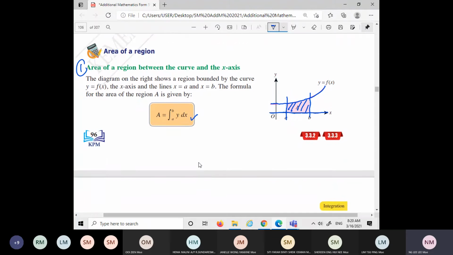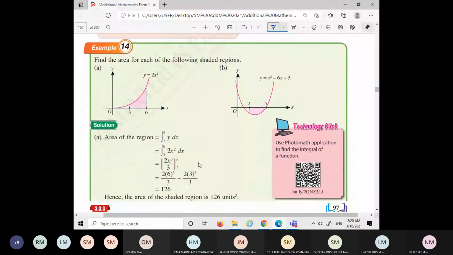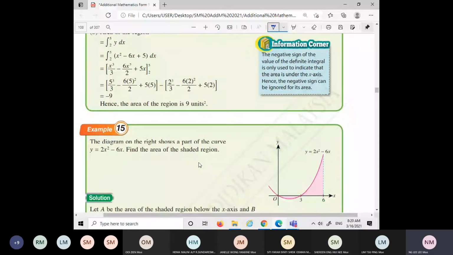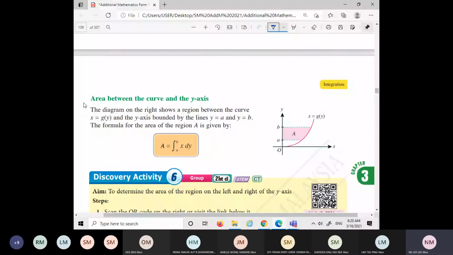We go through the formula very fast first. This is the second one. Just now it was between the curve and the x-axis. Now it is between the curve and the y-axis.